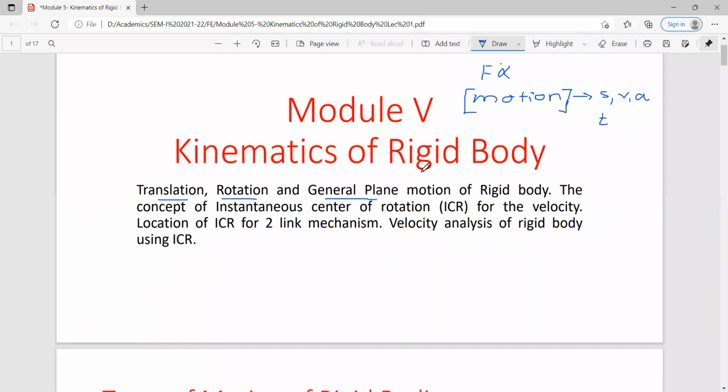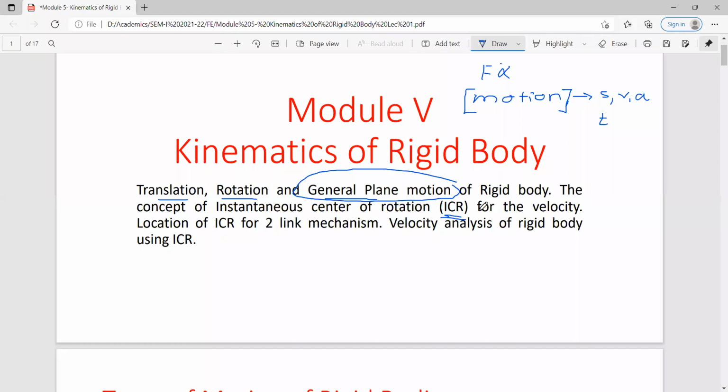And we are going to study this general plane motion of any rigid body using the concept of ICR. So you know that ICR stands for instantaneous center of rotation.